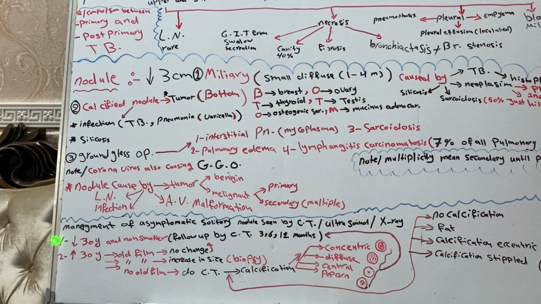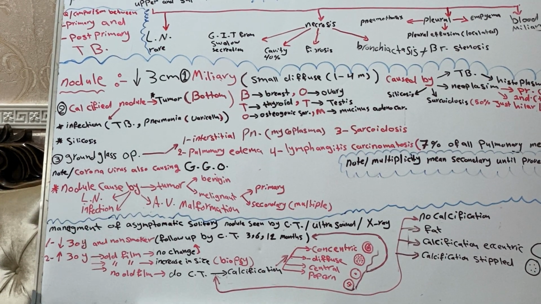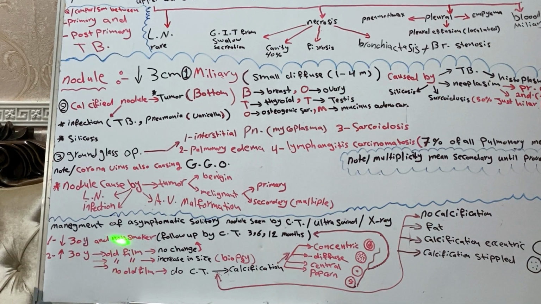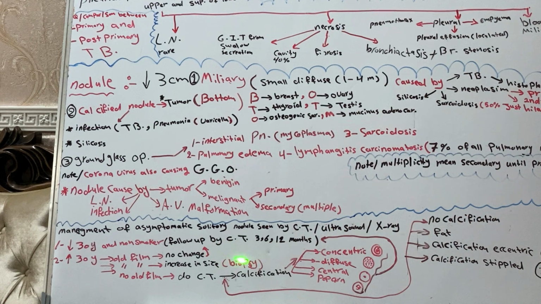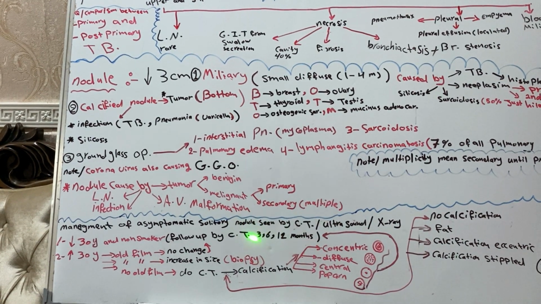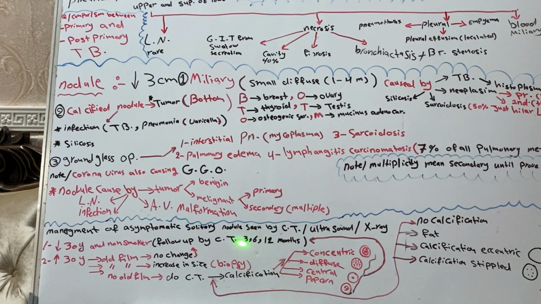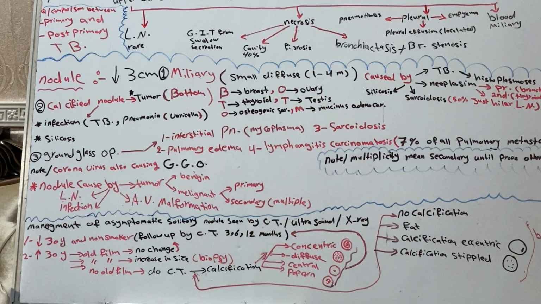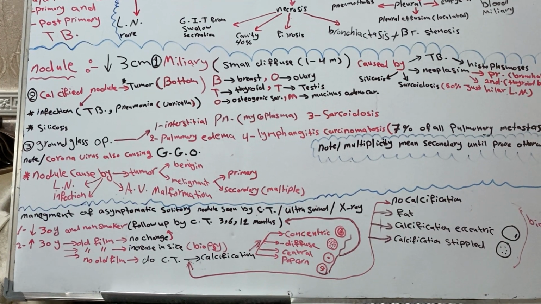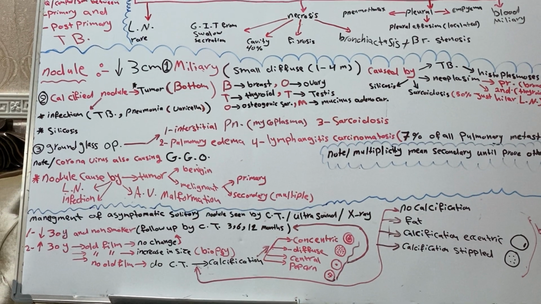First, if the age is below 30 years and a non-smoker, you should follow up the patient by CT at 3, 6, and 12 months. If nothing changed, leave it.